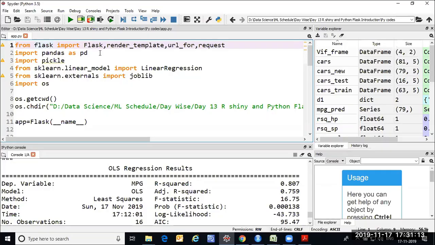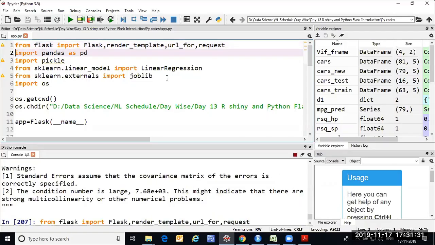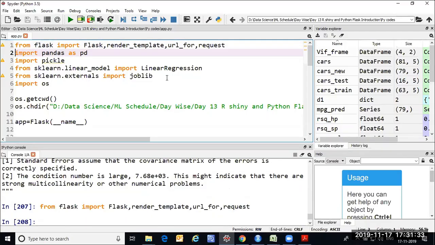All these packages, the libraries that you're using either in R or Python, are all APIs. First, importing Flask, render_template, url_for, request. These are all the libraries I'm importing from Flask. Along with that, I need pandas to read the data.